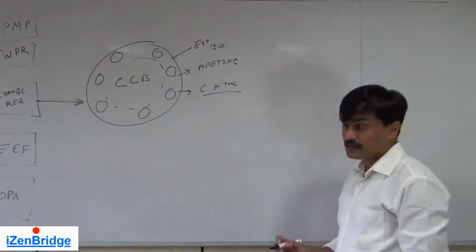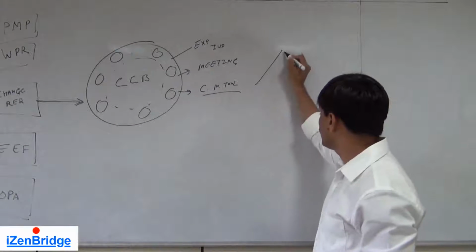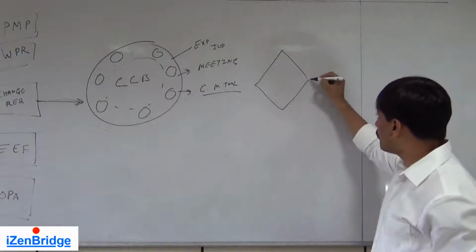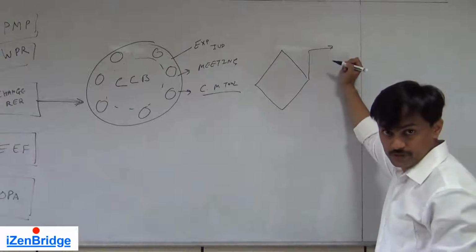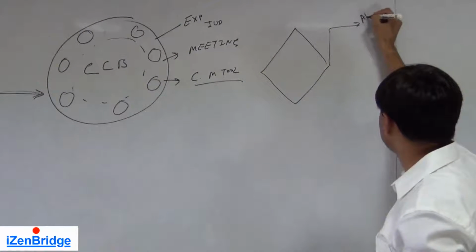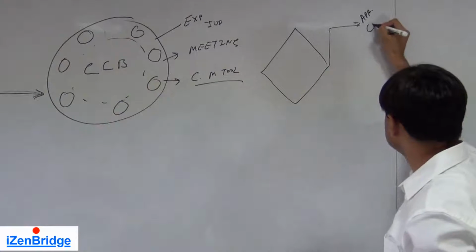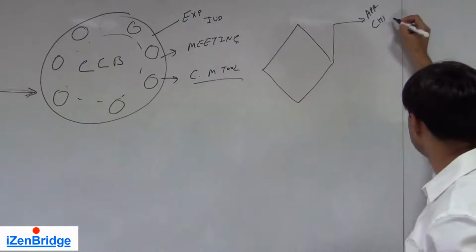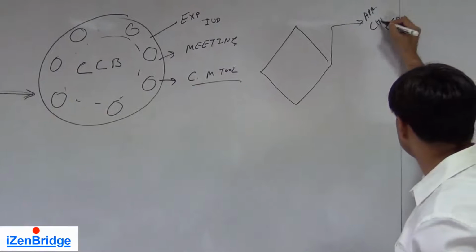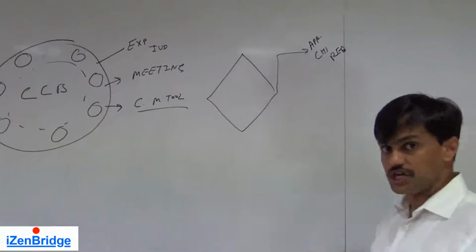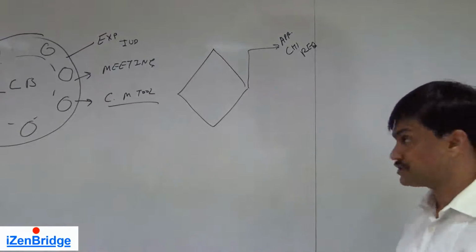As a decision, they may approve the change request. Once they approve, we get an output called approved change request, meaning the change has been approved and you can go ahead with it.